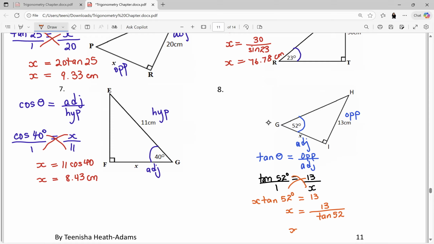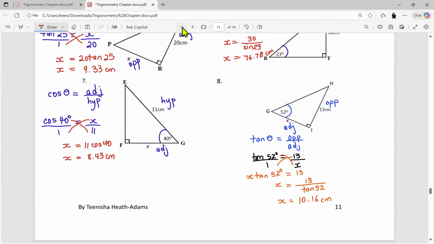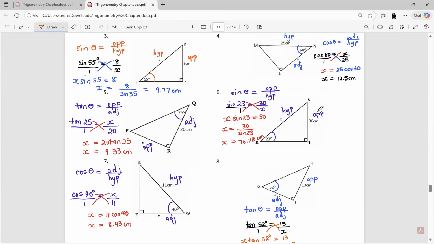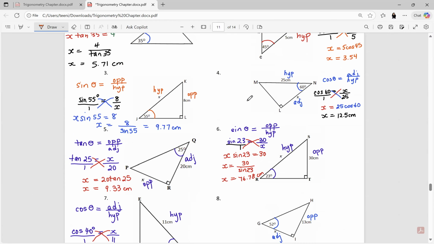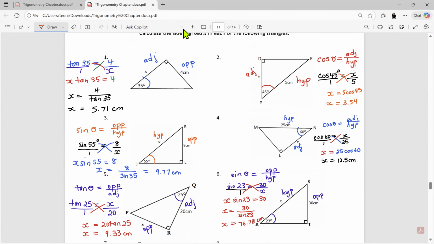So that means x is equal to 10.16. All right, guys. So that is how you find an unknown side when you have an angle and a given side.